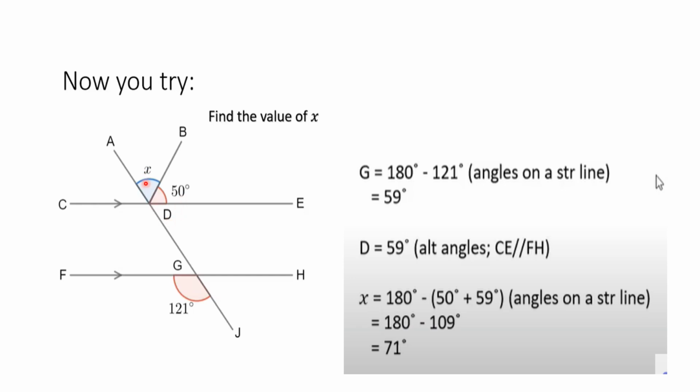Because we are running short of only one angle, it will be easier for us to calculate letter X. So letter X will be equal to 180 degrees, subtract the sum of the two angles 59 and 50, which will be 109. So if we subtract that from 180 degrees, because they are angles on a straight line, then X will be equal to 71 degrees.